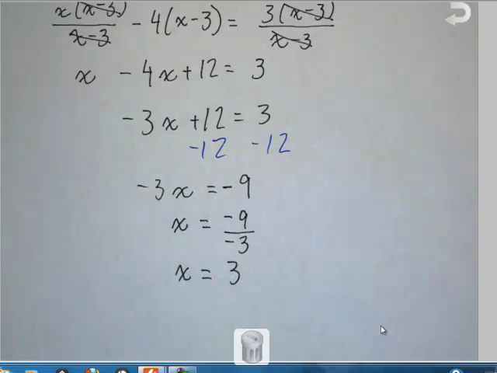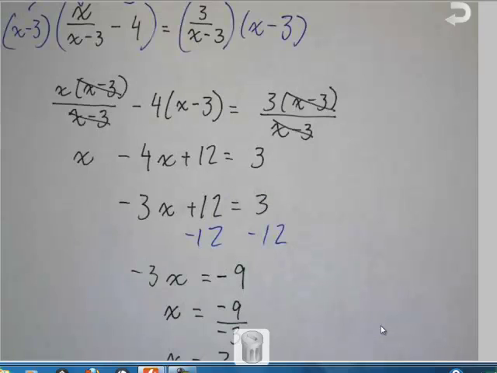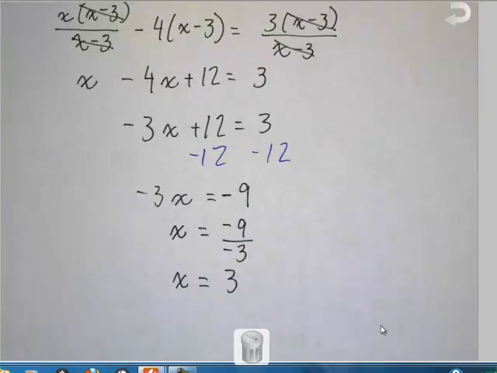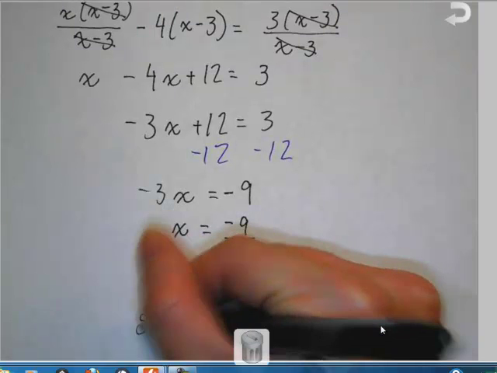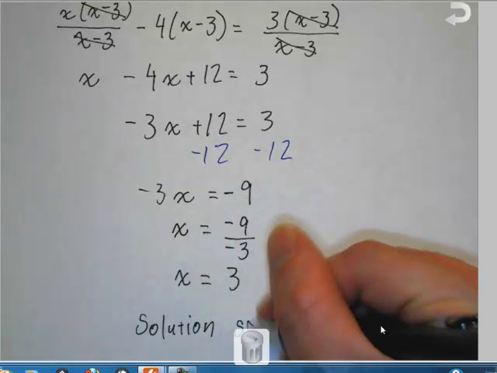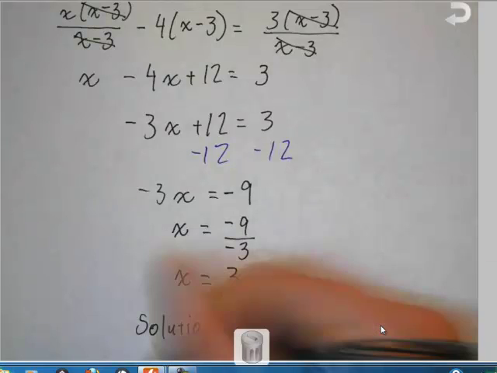However, there is a problem with that. If x is equal to 3, and I go back to the original, then I am dividing by 0, because this is also one of the zeros of the denominator. And so, because our solution is actually outside of our domain, we say that the solution set is empty, or that there is no solution.